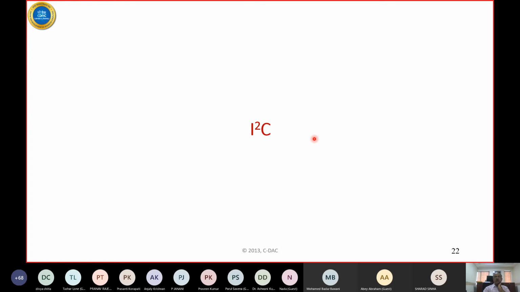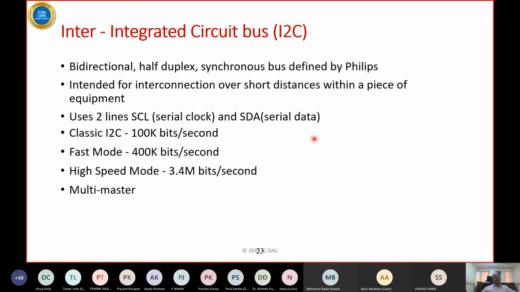Now let's look at another one called I2C. So what does I2C stand for? It's actually IIC, which is an inter-integrated circuit bus. As the name suggests, this is used for connecting two ICs. So what are the typical ICs? A peripheral and a microcontroller.